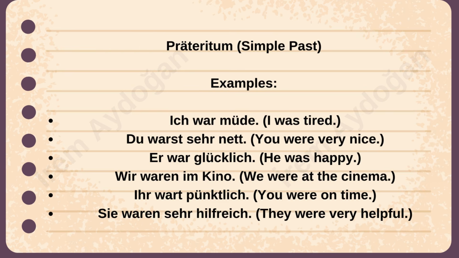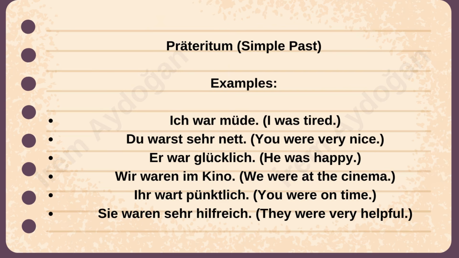And how can I make negative sentences with sein? Ich war müde, ich war nicht müde. Du warst sehr nett, du warst nicht sehr nett. Er war glücklich, er war nicht glücklich. Wir waren im Kino, wir waren nicht im Kino.